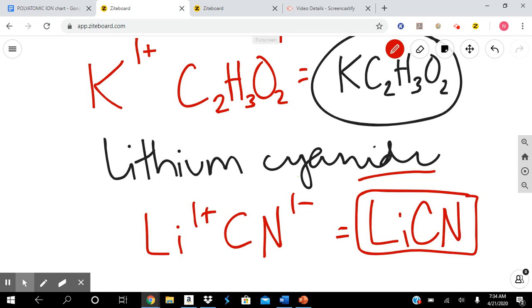Okay, you will have an opportunity to do more practice today. If you're not quite understanding it, I'm going to do another video, and the only way you are going to understand this is to identify where you're struggling. So some of you might struggle with, I can't even find this ion on the polyatomic ion chart.